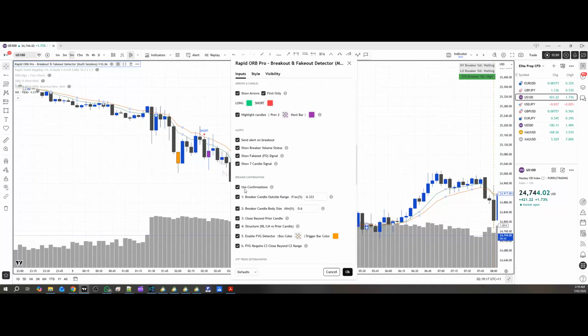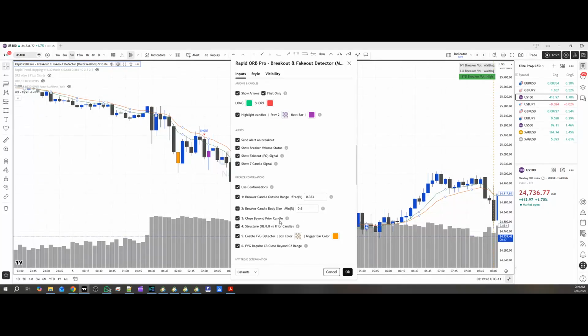So we use confirmation. One confirmation is that the breaker candle has to be at least 33% out of the range. So we make sure the break is done properly, and the candle body has to be 60% at least. You can play around with this one, that's not a problem.